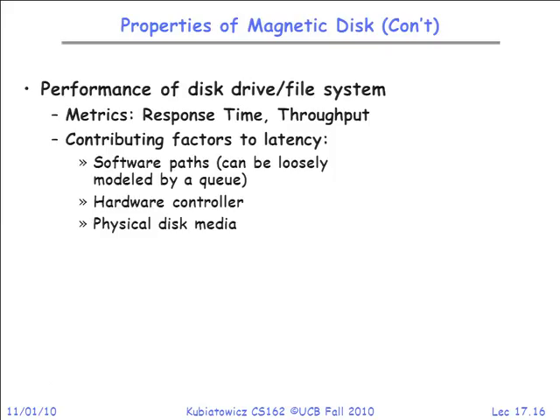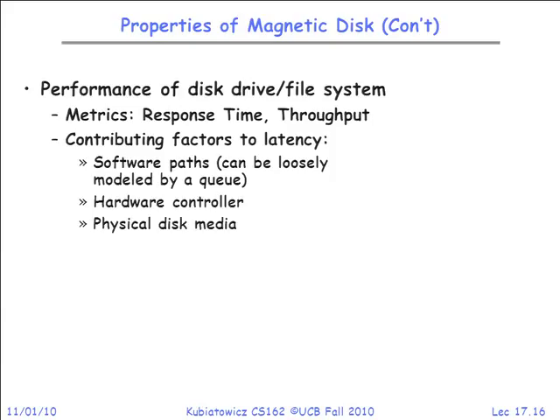I was going to say, read the cylinder. Yeah, you want to read the whole cylinder. And which cylinder? Outside, right? Because the outside cylinder has the highest bandwidth coming off of it. So when we talk about file systems next time, we're going to be very interested in optimizing head movement so that we never move the heads.